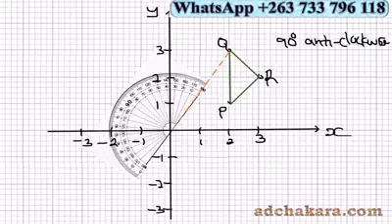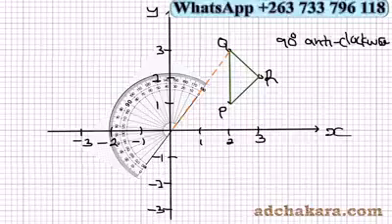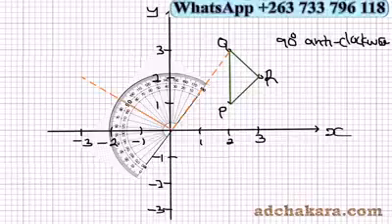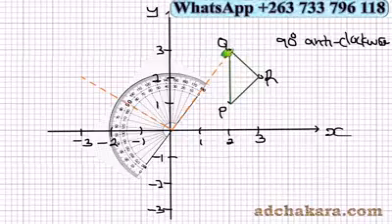I will put my protractor here, but now I'm measuring from this side to this side. This is the anti-clockwise direction. Therefore, I'll measure 90 degrees. You can see that it is passing through 90 degrees. Then the length of your line from this point to this point must be equal.